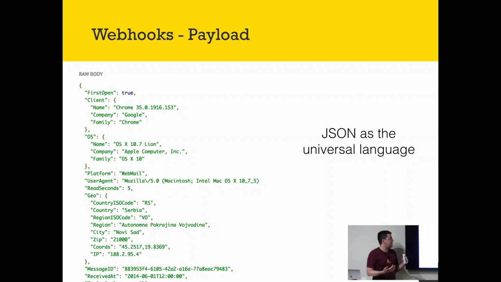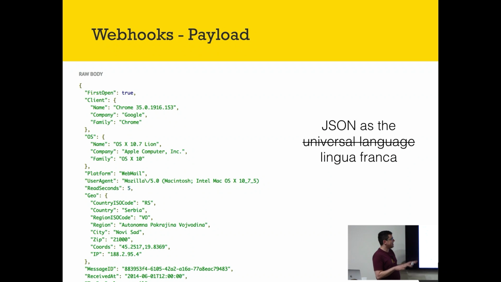So what are we actually sending to you? We'll go over this, but it's a bunch of JSON that we post over HTTP to you. JSON is the universal language, well, the lowest common denominator. It's fine. It's got types like strings and numbers, and that's about it.